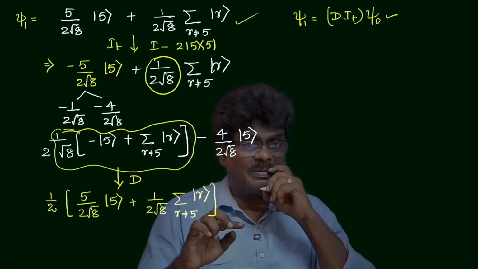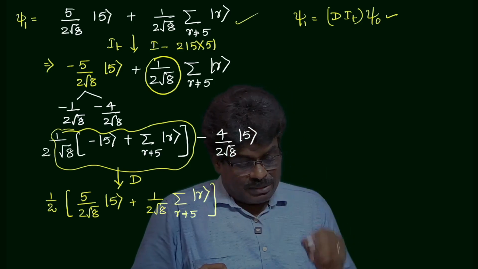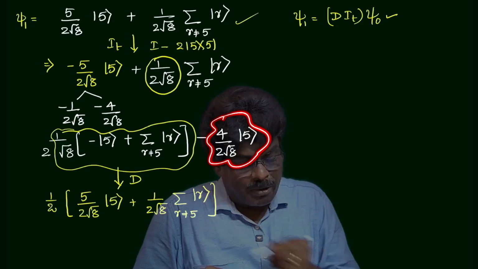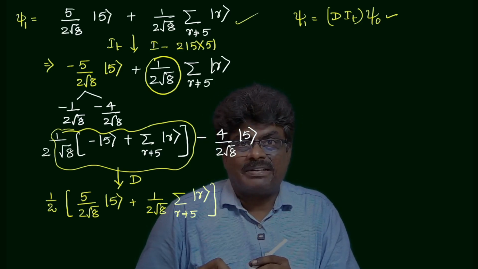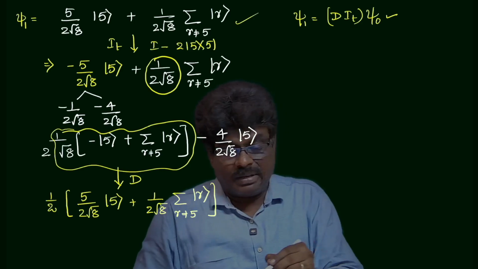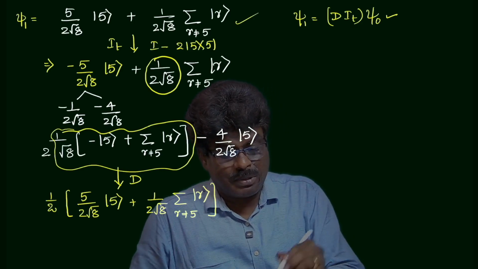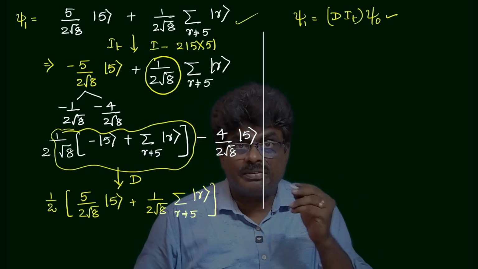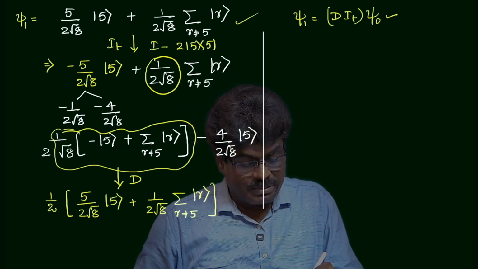Now just wait a minute. So on this state, separately we have to operate the diffusion operator. That I will do here. Okay, so I will take some small separation here, and now be careful. Forget about this minus.